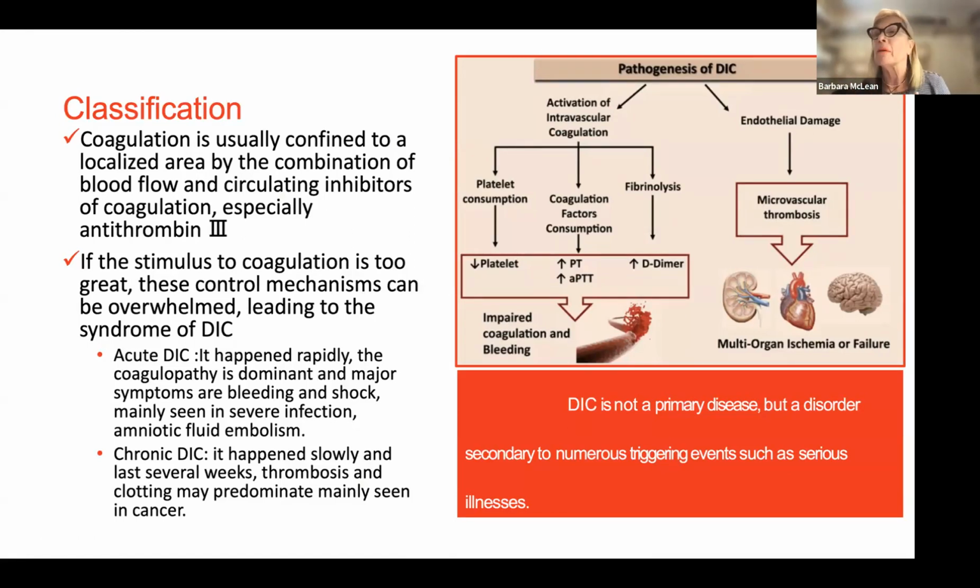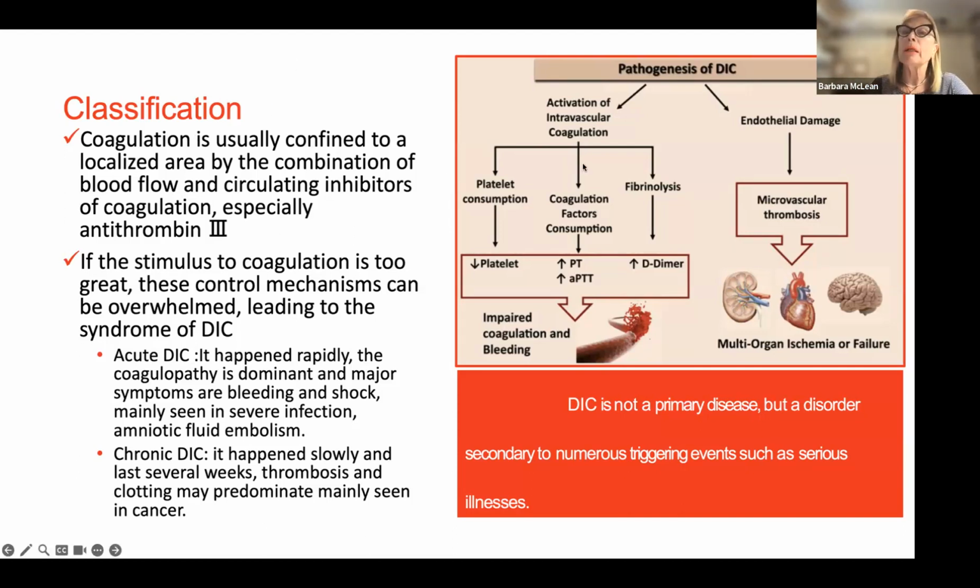So we're not looking for DIC to be a diagnosis. We are looking for it to be an end product of something that's been out of control: obstetrical complications, trauma, MTP, surgery, sepsis, something that, most likely through inflammatory mediators, activates the clotting cascade.